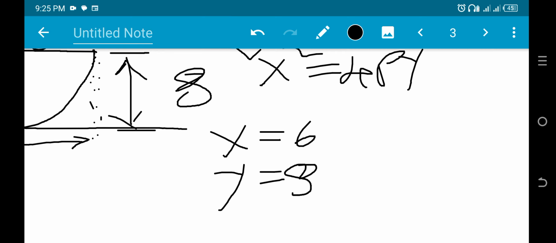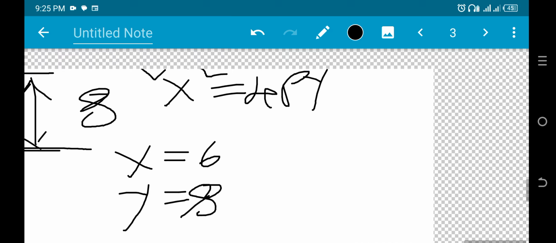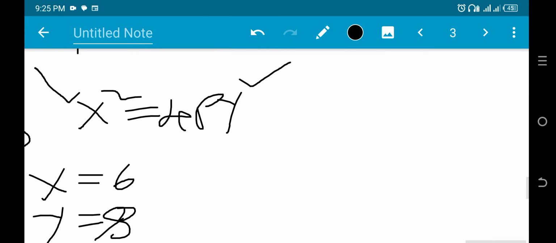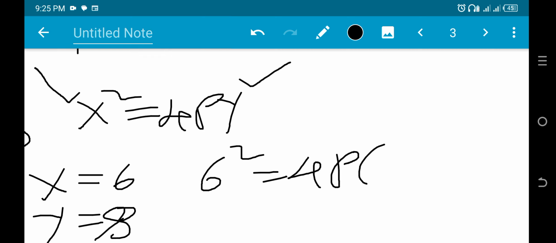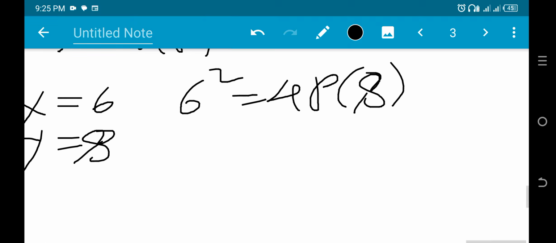Now since we have x equals 6 and y equals 8, we can just plug them into our equation. So we have 6 squared equals 4p times 8. Then we just need to make p the subject.